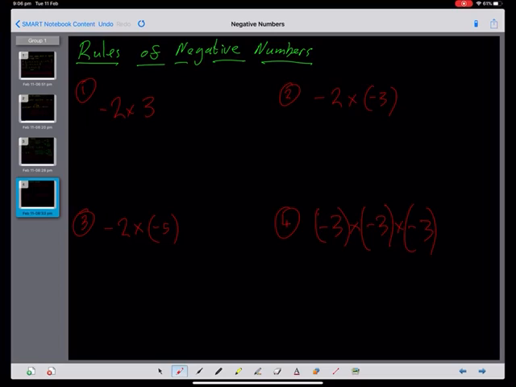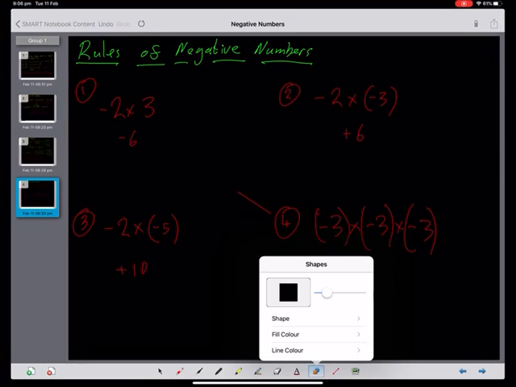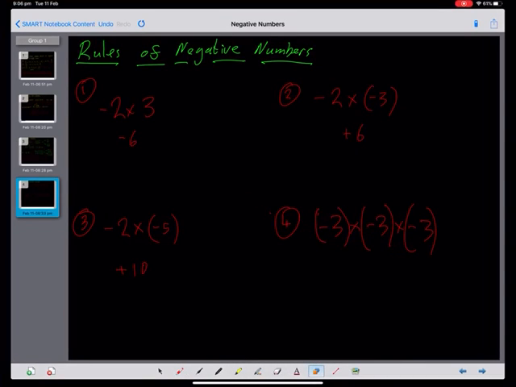Okay, so hopefully you've done these. Using our rules of negative numbers, we've got -6, we've got +6, we've got +10, and here we've got a negative multiplied by a negative multiplied by a negative.